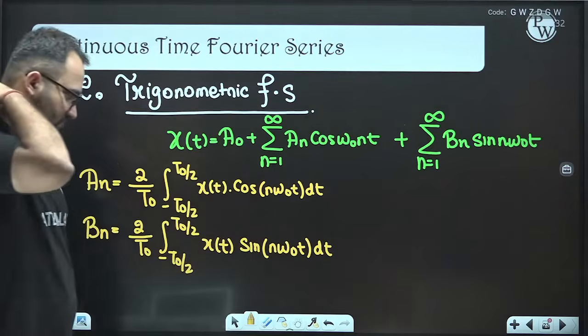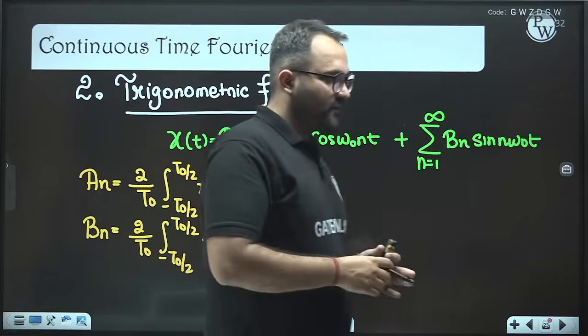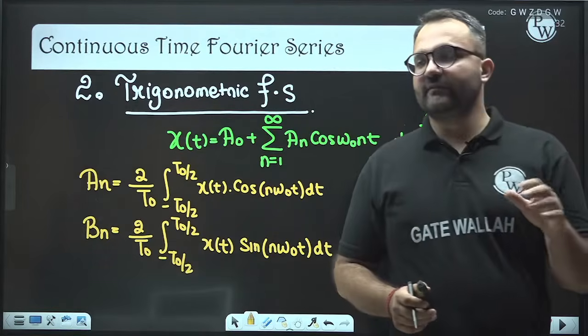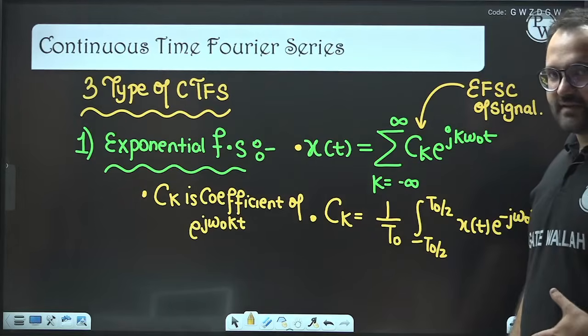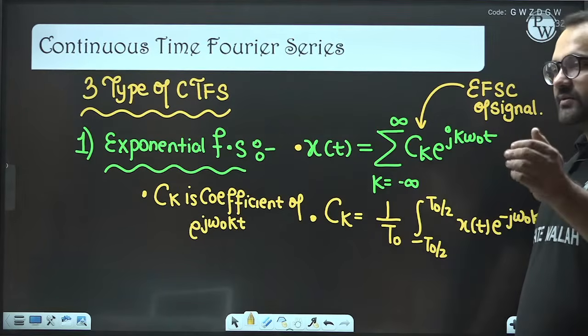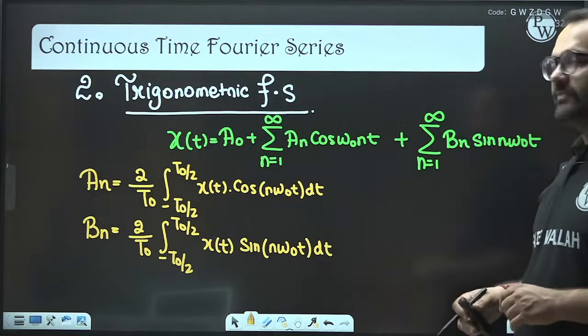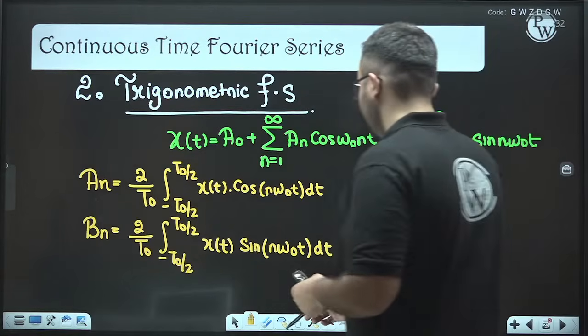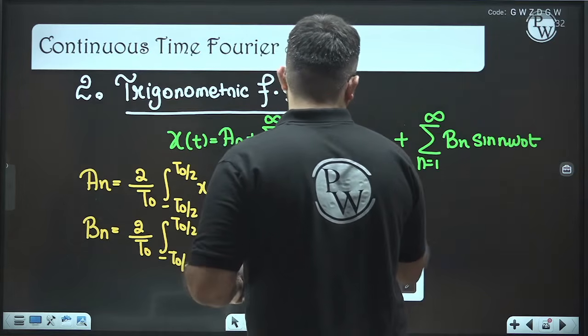But these two formulas are generally not useful, because we always find out the exponential Fourier series coefficient, that is ck, and then we convert ck into an and bk. So what is the formula? This formula can be useful.